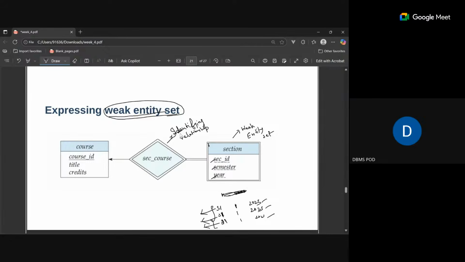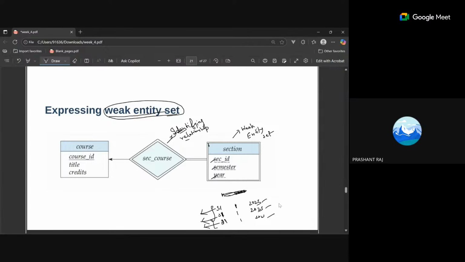And this is an identifying relationship. Since it has a weak relationship, we call this an identifying relationship. So how is it a weak relationship, weak entity?